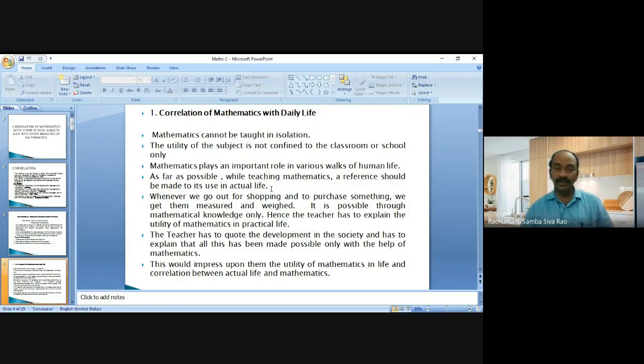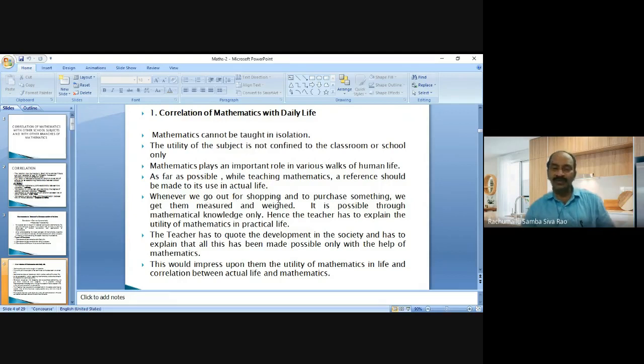Then only the student will recognize the importance of mathematics, the use of mathematics, and the correlation between mathematics and daily life. Mathematics plays an important role in various walks of life. So we have to give such references while teaching the concepts of mathematics in the classroom.